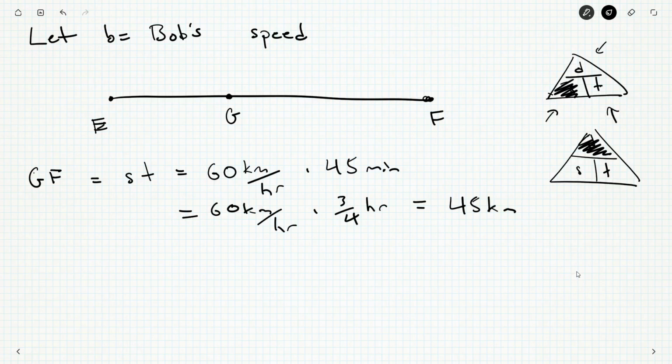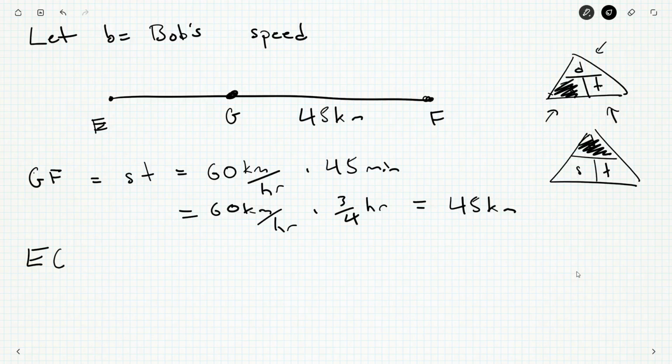Okay, so GF is 45 kilometers. And I don't know a whole lot more. I do know it takes them the same time to reach point G. I don't know how far or how long EG is.